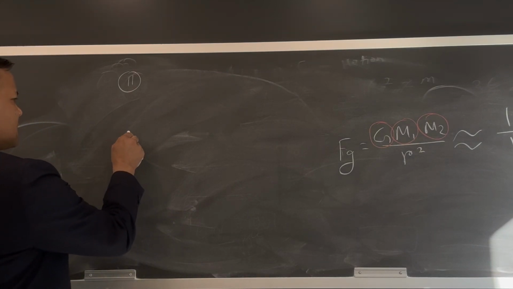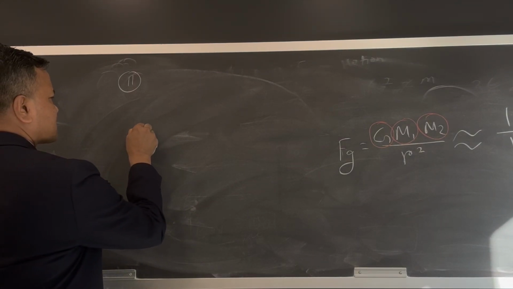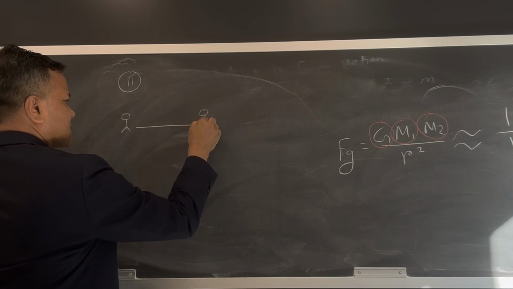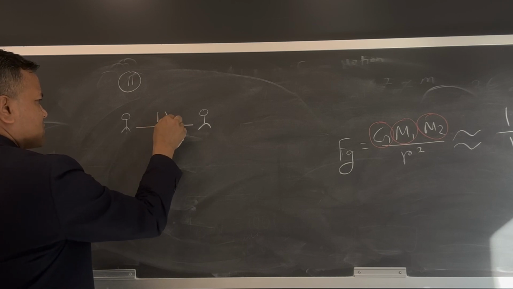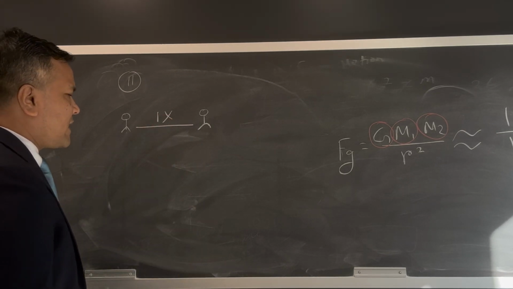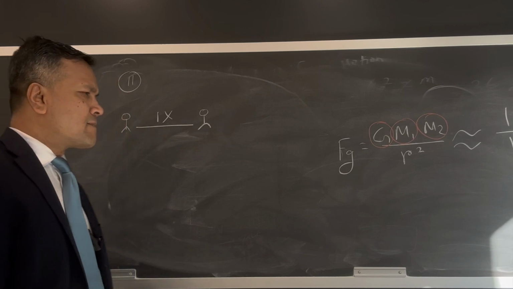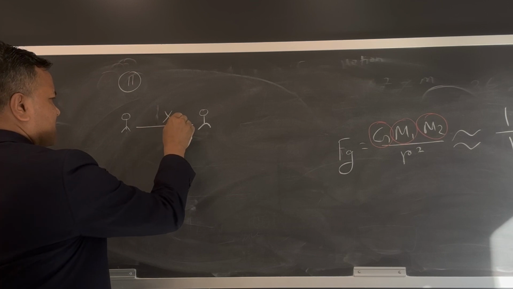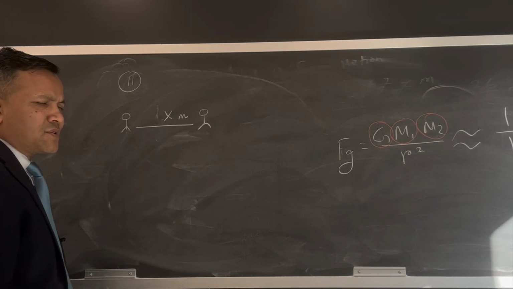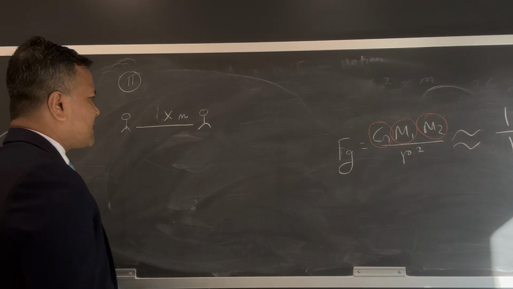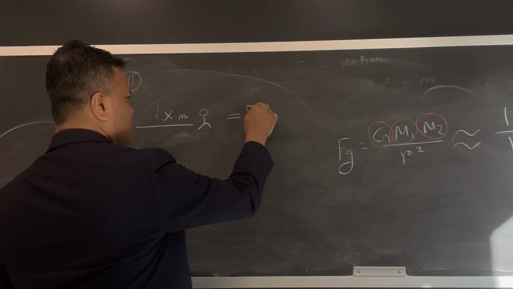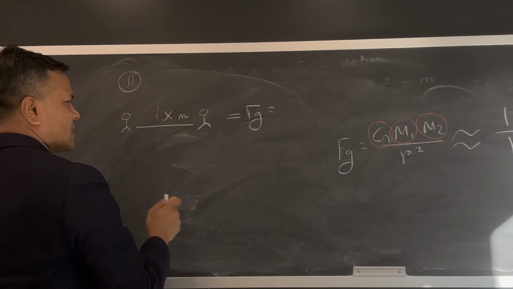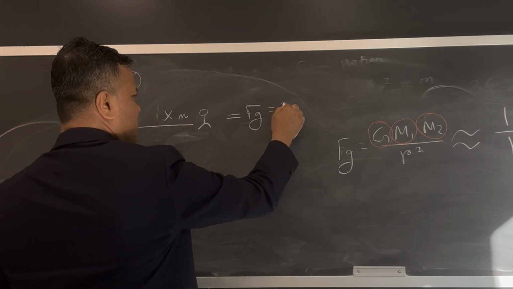Let's see. If two bodies, the distance between these two bodies is 1x, let's say x meter. x meter could be any meter. And the gravitational force between these two is, let's say, I don't know, 25 Newton.